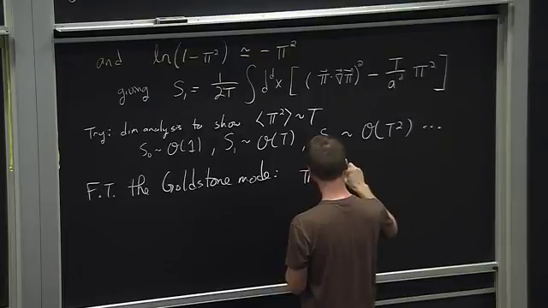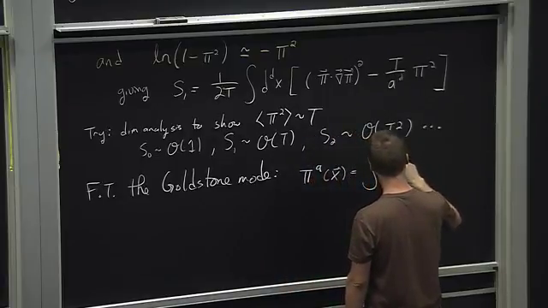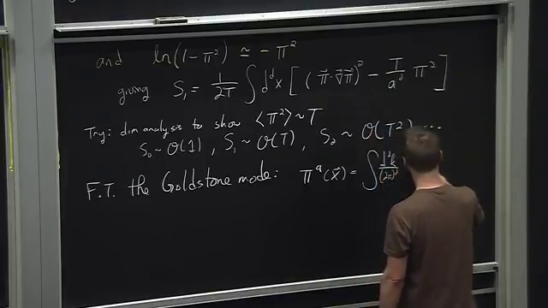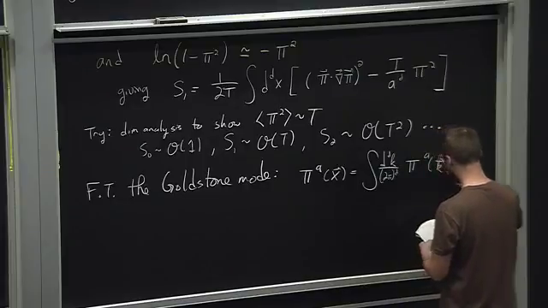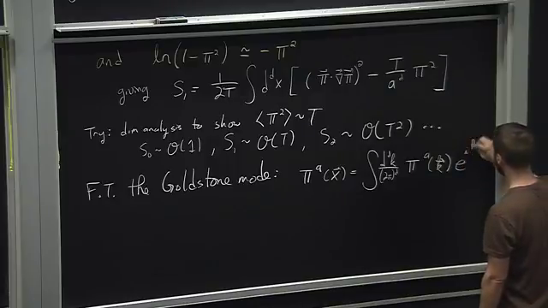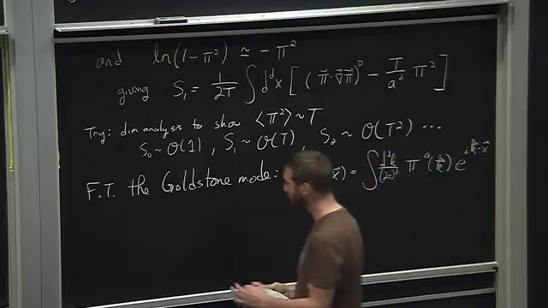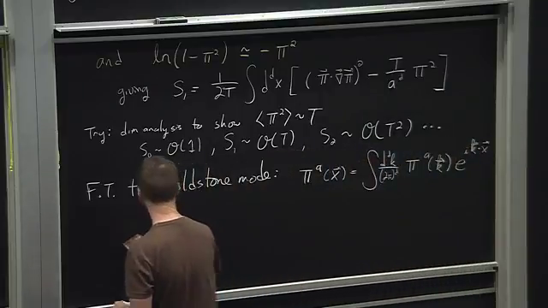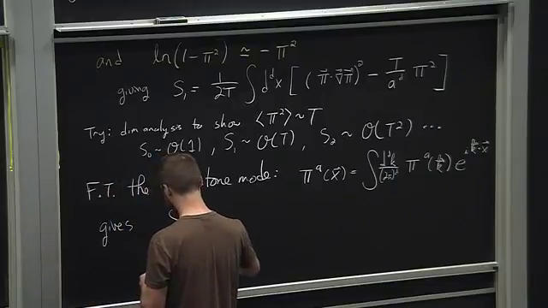So for every component, I'll do it. This defines pi a momentum k, say, e to the I k dot x. Okay, so this gives, this is the last time I'll write the Gaussian.